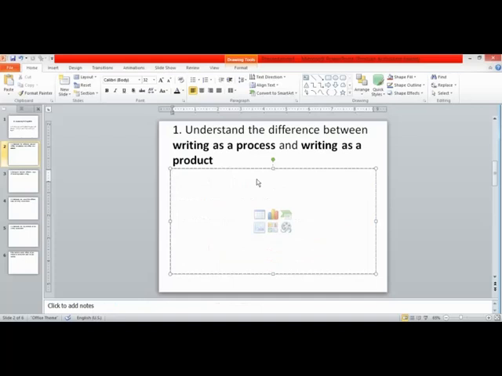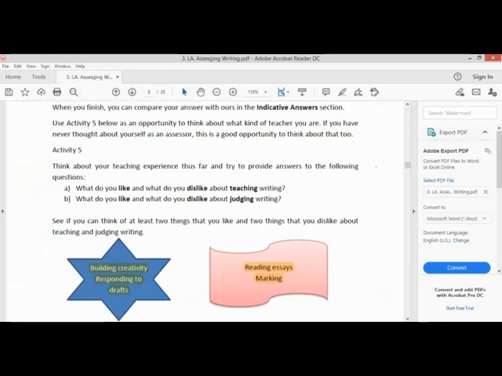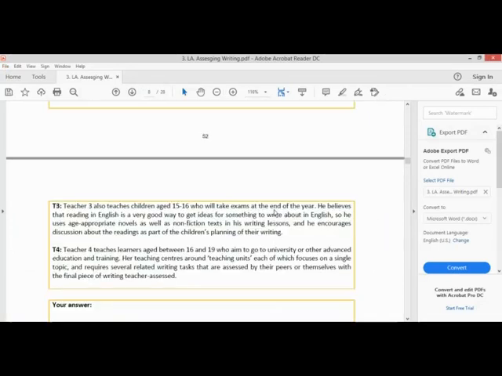First is explaining the term, and then the second, give examples. The examples are provided in here, every one of them is provided.